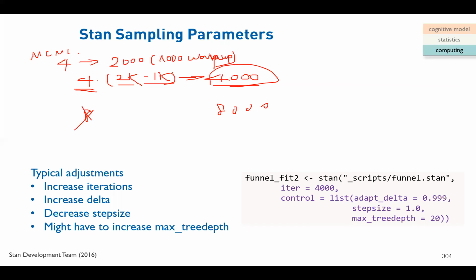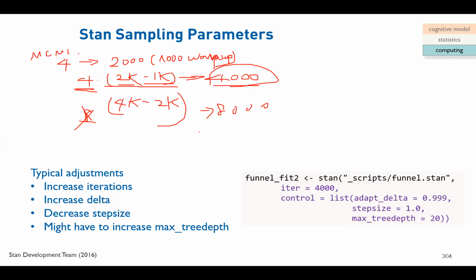Well, this is not really good because the chain is short and equally short. If that doesn't work well for 4 chains, it really wouldn't work well most of the time for 8 chains. So what you do is to increase the number of samples. Instead of 2,000 minus 1,000, we could double it, so we have 4,000 minus 2,000 and 4 chains still, then in total we have 8,000 samples.